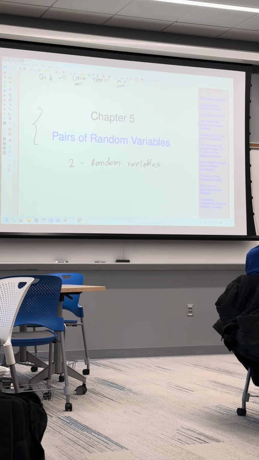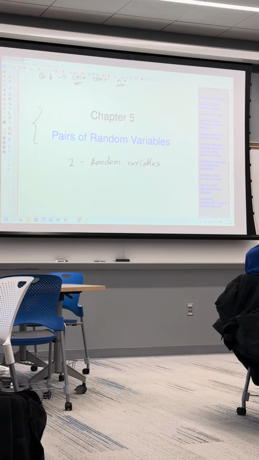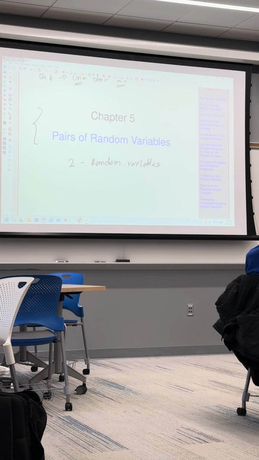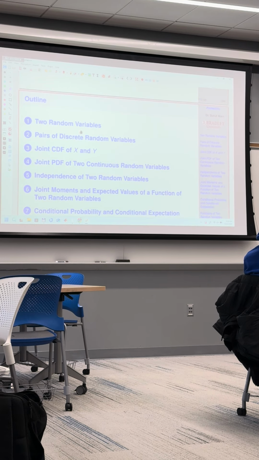I uploaded all the chapter 5 slides, and you can just annotate my slides as we go. We'll talk about two random variables, and these could be discrete or continuous random variables.